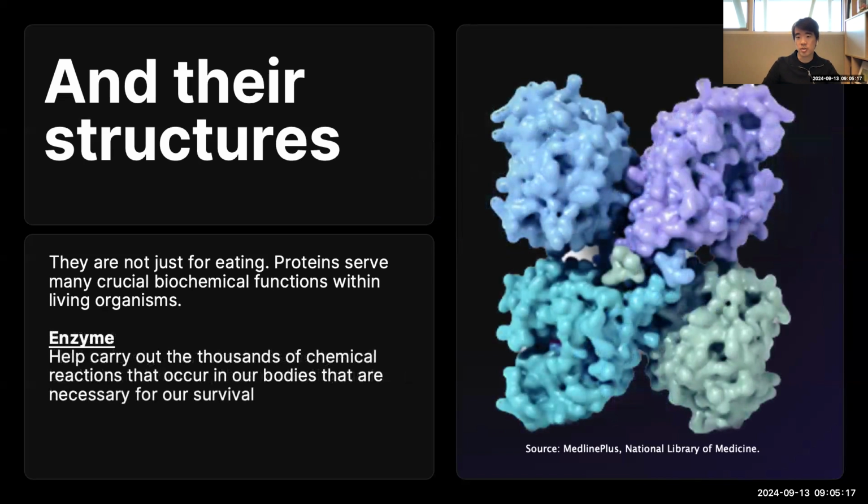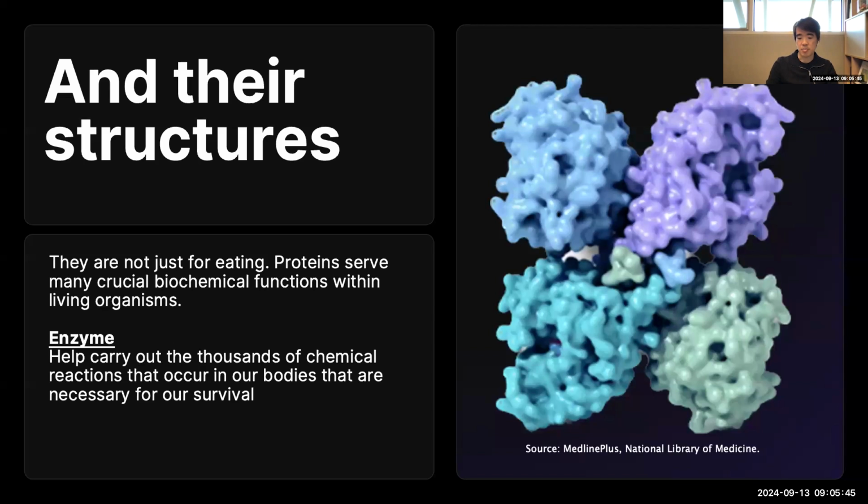Here's another crystal structure. This is a crystal structure of what's called an enzyme. This is a phenylalanine hydroxylase. It's a catalyst. It's used to catalyze the reaction of phenylalanine into tyrosine, which is an amino acid. But what enzymes are generally is they are proteins, or could be other small molecules, that really help carry out thousands of chemical reactions that occur in our bodies that are necessary for our survival.